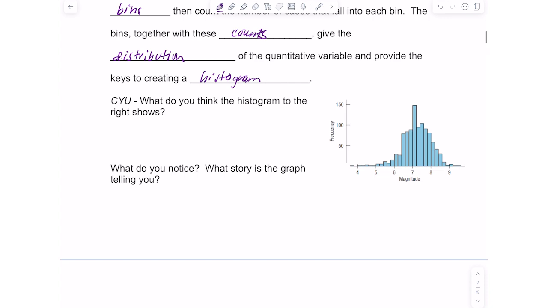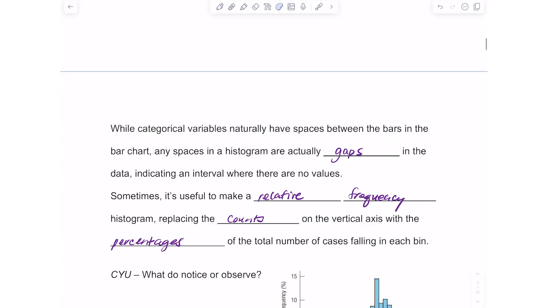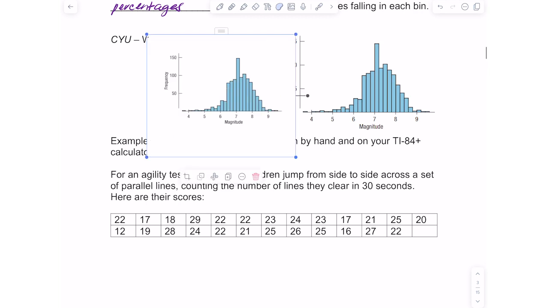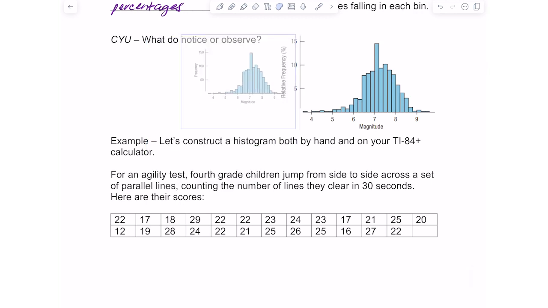If it helps, I'll take this one and put it side by side so you can compare them. What do you notice about them? If you notice that they are the same shape, the shape didn't change at all, you are correct.